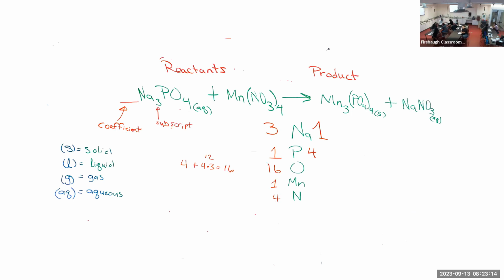Okay, because we have 4 times 4, which is 16, plus 3, right? So that's 19. That is correct. 19. Okay, and then the manganese and nitrogen. Okay.